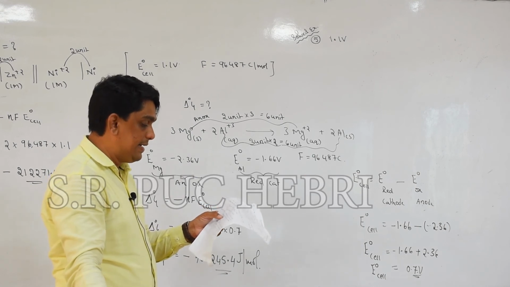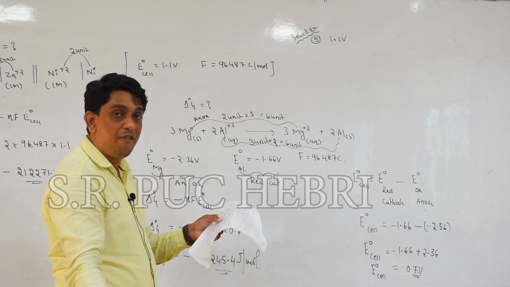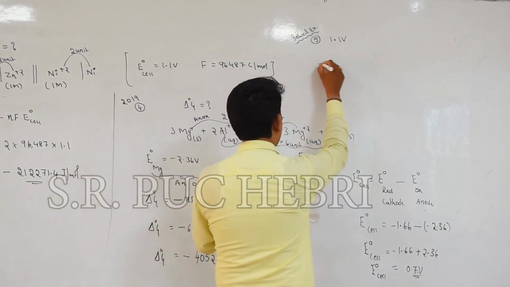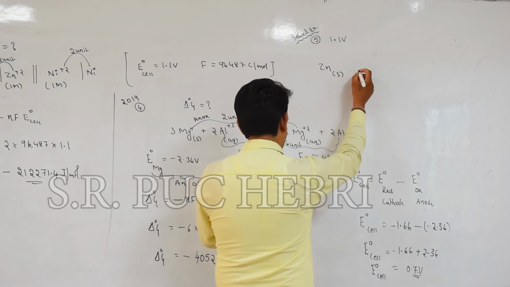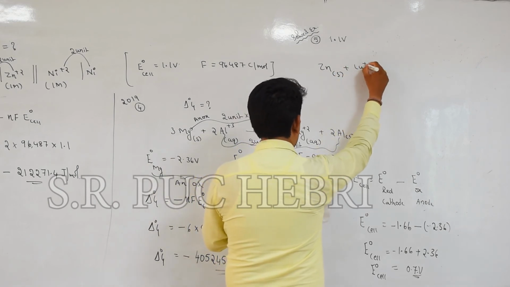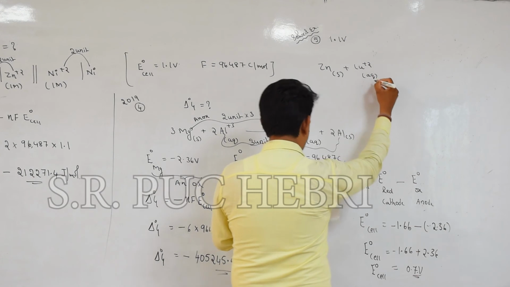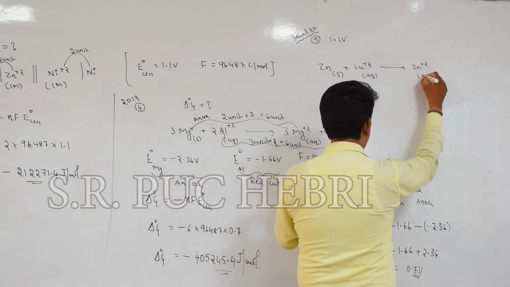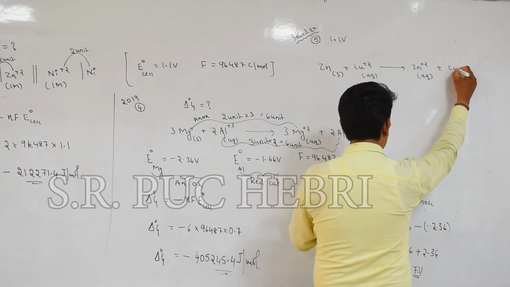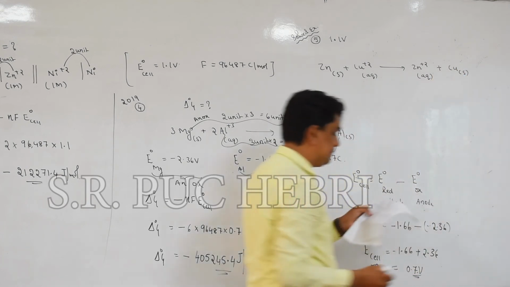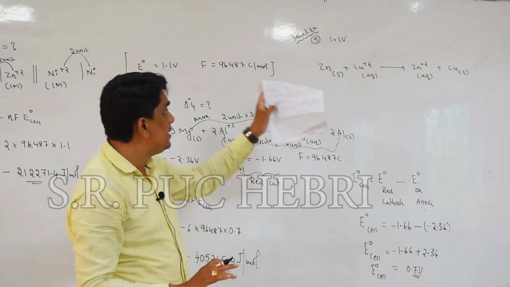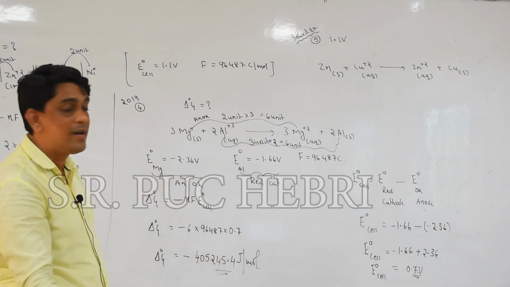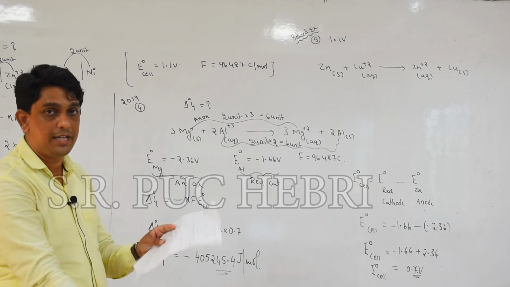Calculate the standard Gibbs energy of the reaction. Let me write the reaction here. Zinc solid reacting with the copper ions in the aqueous medium gives you zinc ions in the aqueous medium, and of course the byproduct is copper in the solid state. Fine. This is the homework question for you people, which is actually a solved example of your NCERT textbook.